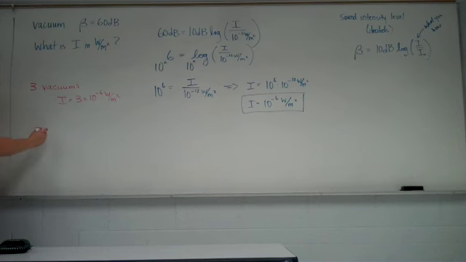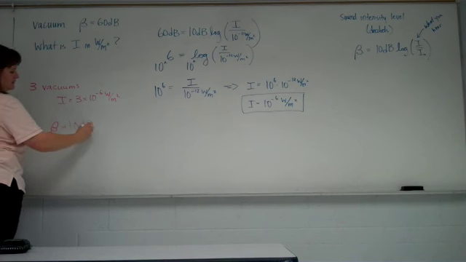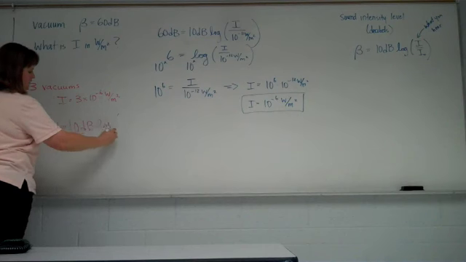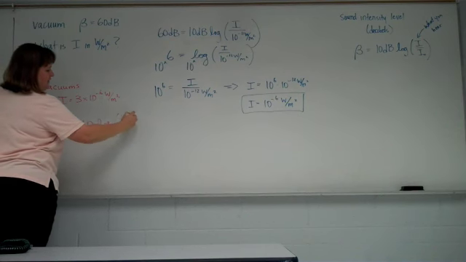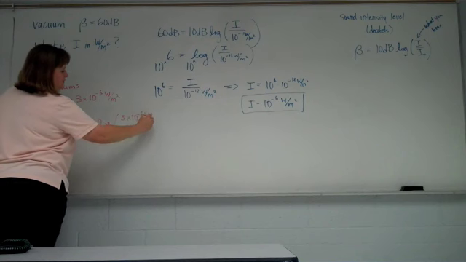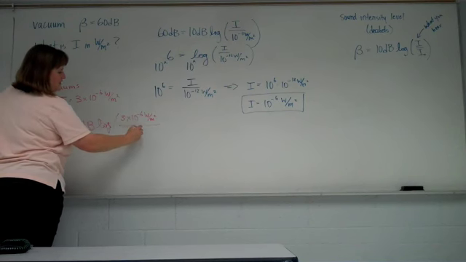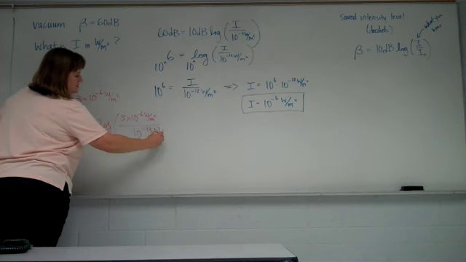If we want to know the decibel level then, we just plug it back through the equation. Put 3 times 10 to the negative 6 watts per meter squared in. I naught's always 10 to the negative 12 watts per meter squared.